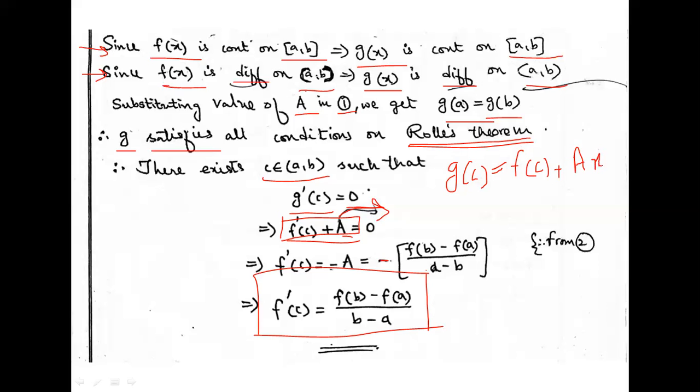If you differentiate this, what will you get? g dash of c. Sorry, instead of this x, you have to write c. g dash of c is equal to f dash of c, differentiation of f of c, plus differentiation of ac, which will be a. Then you can substitute and you will get the final answer.